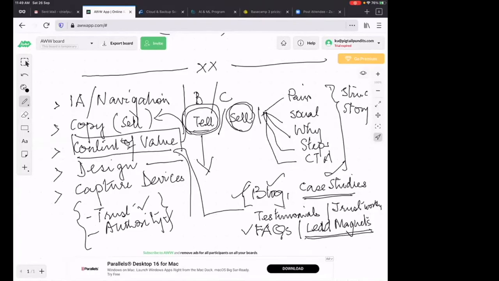Design, I'm not a designer, but I can tell you a few things which people miss when they do design. One is clutter. That means things are too crowded. The second thing is there is lack of proportion. And these are largely the issues.